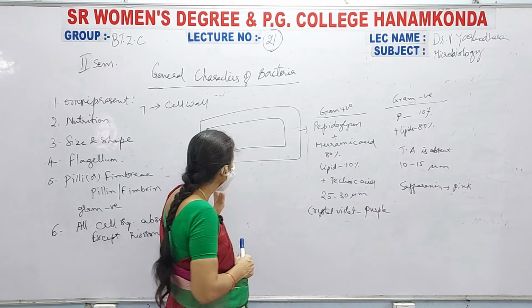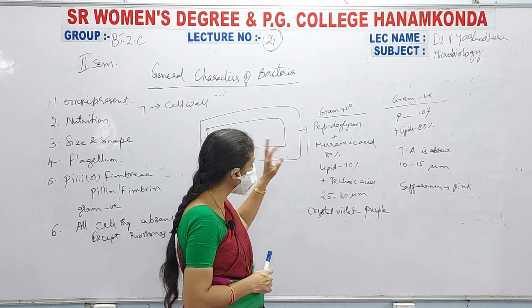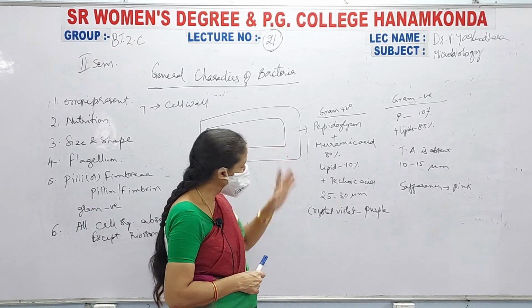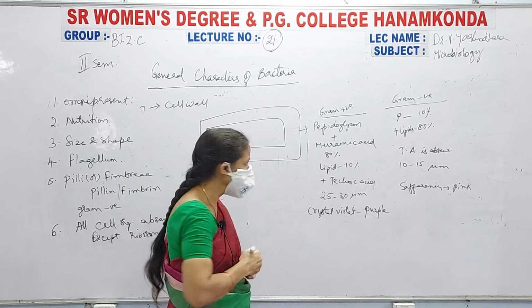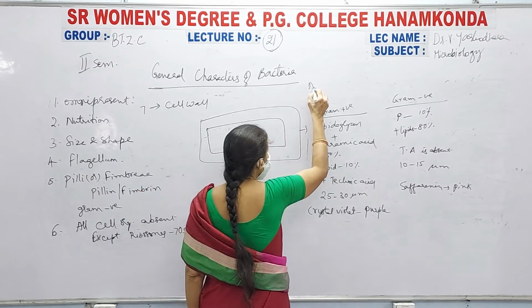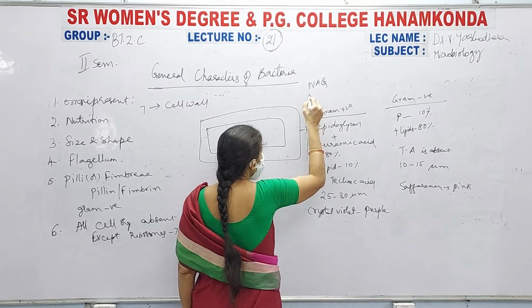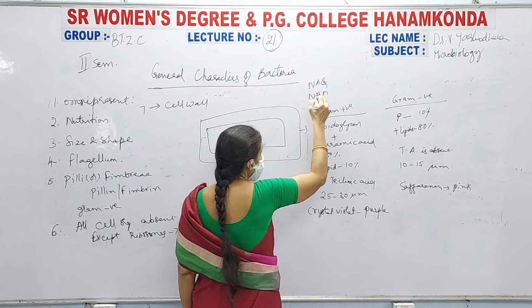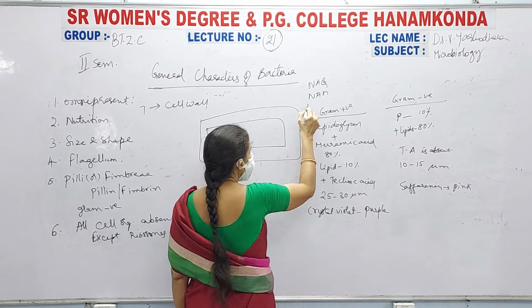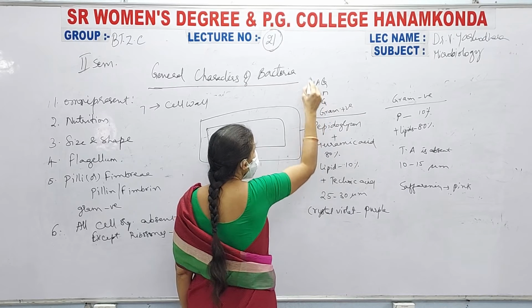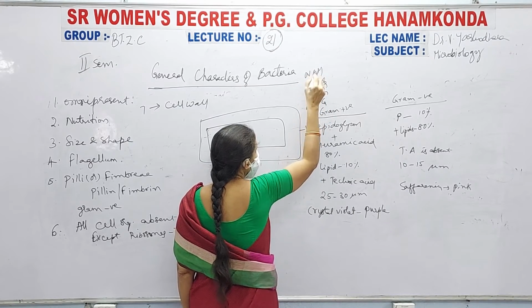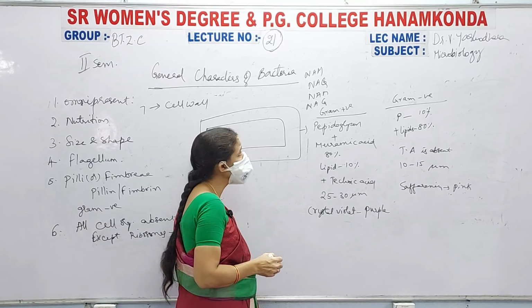Okay. Now, in these bacterial cells, the plasma membrane, this is your peptidoglycan and muramic acid, they consist of NAG and NAM, alternatively present, NAG, NAM, like this. Alternatively, these layers are present. What are these?